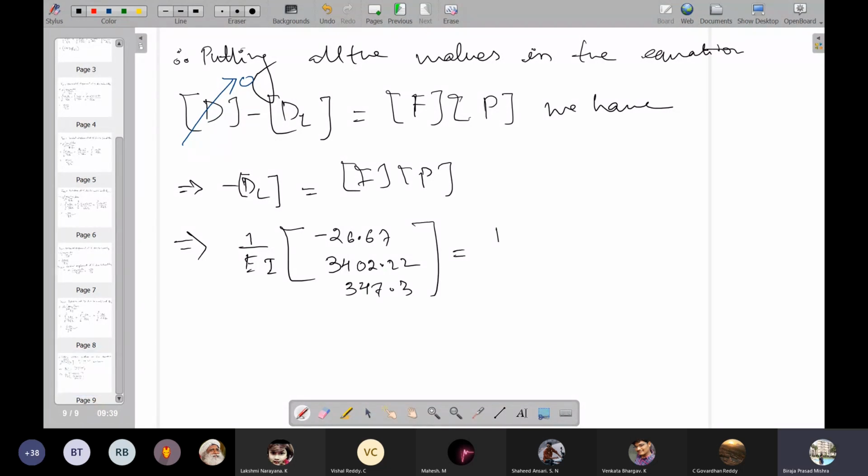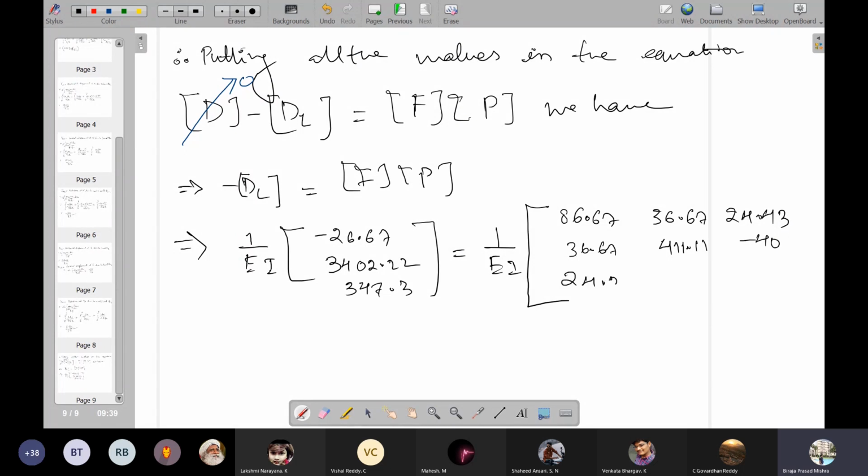This equals 1 by EI into the matrix: 86.67, 36.67, 24.43; 36.67, 411.11, minus 40; 24.33, minus 40 again, 6.33.